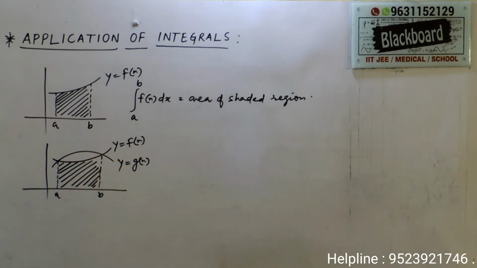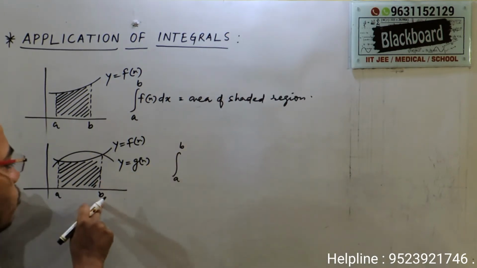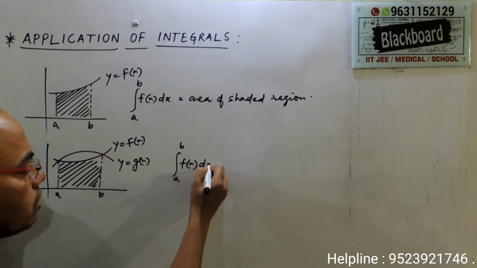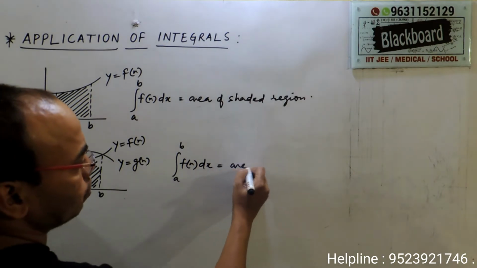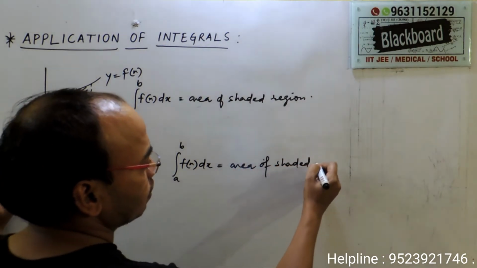That means here there is no use of the equation y equals g(x). यहाँ भी हम क्या करेंगे, y equals f(x) को ही इंटीग्रेट करेंगे. So y equals f(x), integration with limits a to b, that means the integral of f(x) dx. This is equal to the area of the shaded region here.